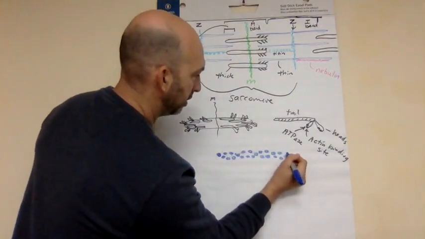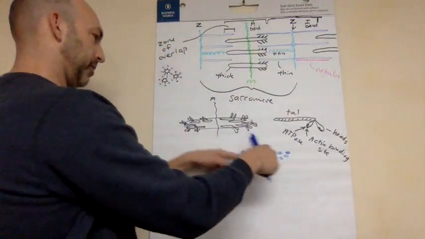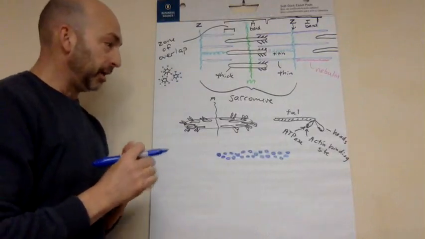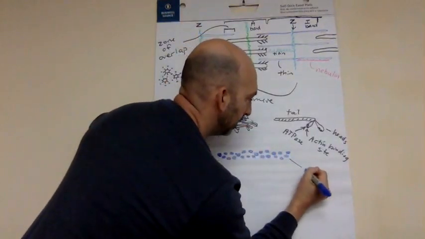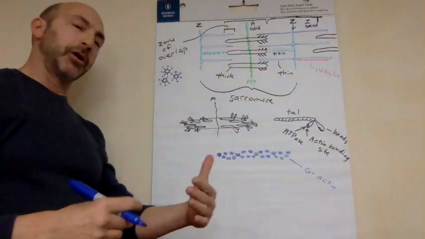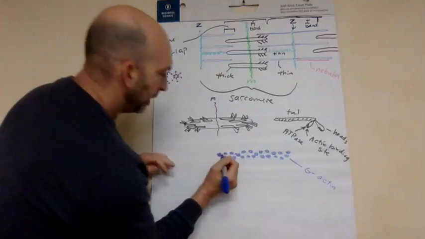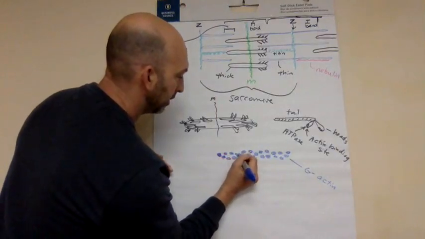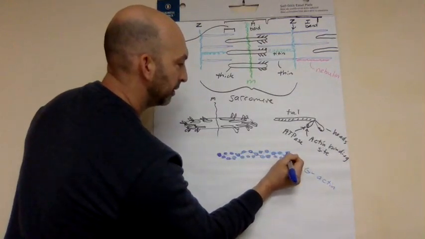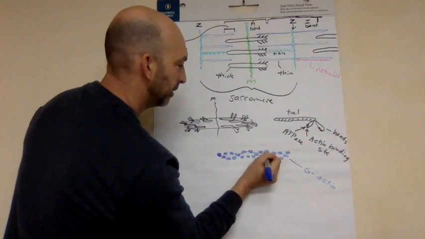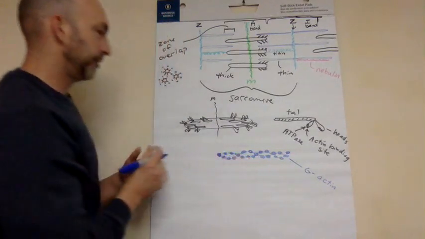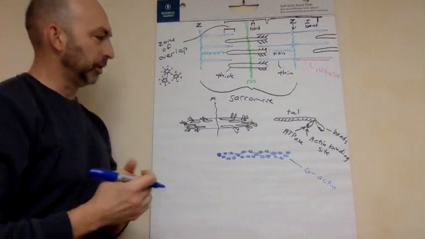And hopefully you get the idea. So hopefully that looks a little bit like a helix. And so each one of those is a G-actin molecule. That's sort of the monomer. Well, they're sort of linked together, if you will, like so. And this one's linked to its neighbor. Makes it a little bit more helical looking.